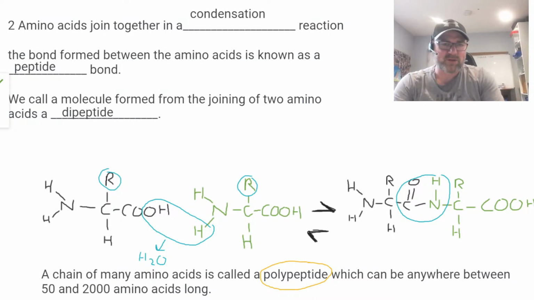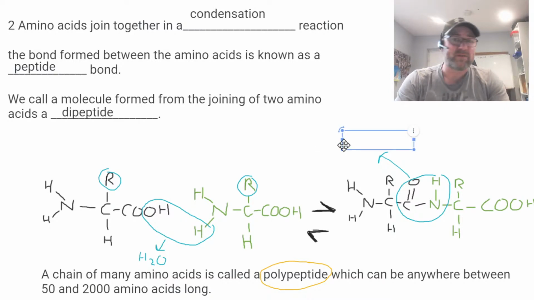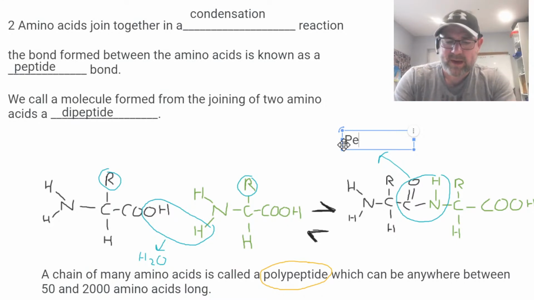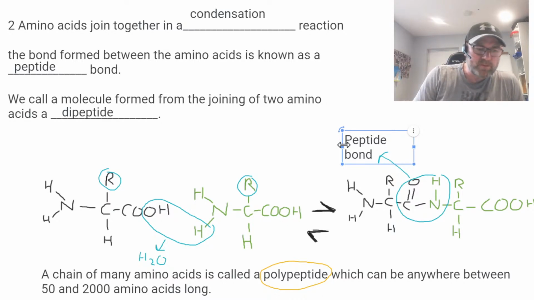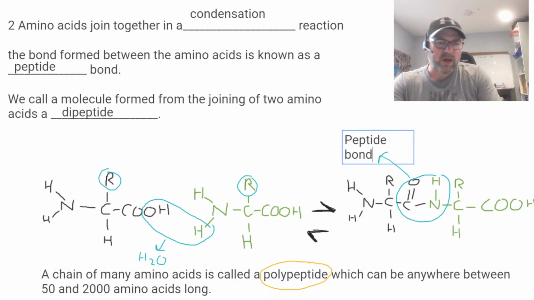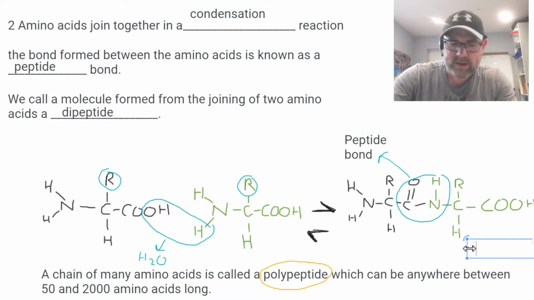So this would be a peptide bond, formed between two amino acids, and we call that a dipeptide. You could have a tripeptide if you had three amino acids, and then of course polypeptides if you have really long chains of amino acids. This is a peptide bond. You're right, I should put H2O over here. Absolutely.